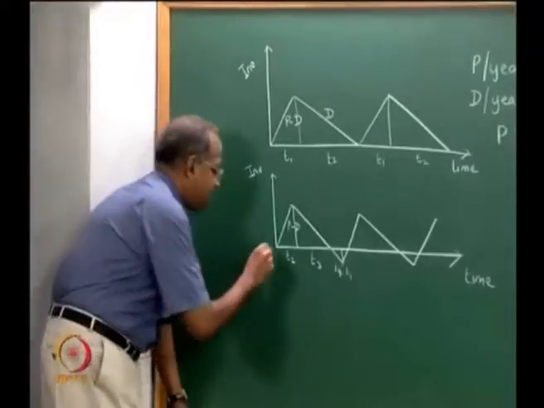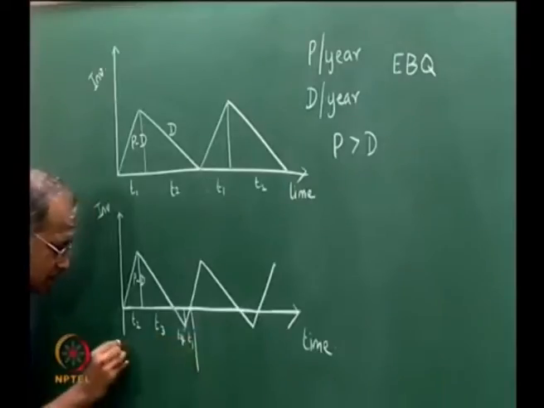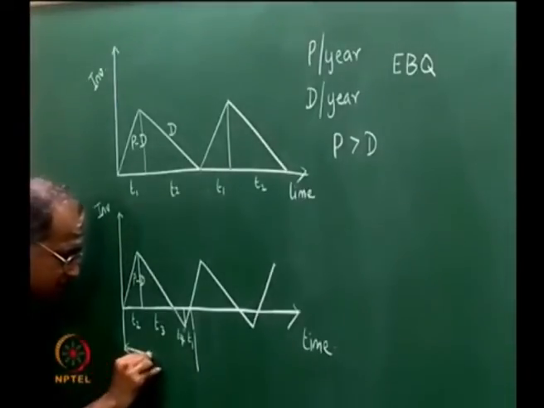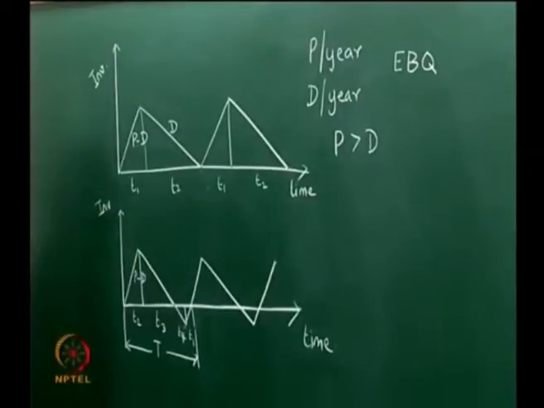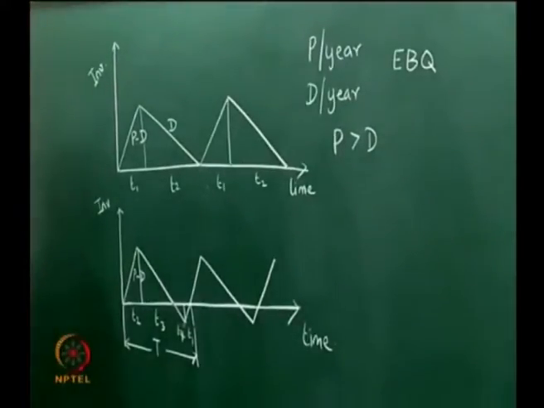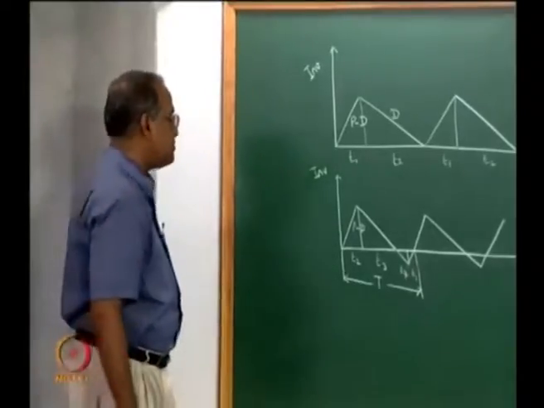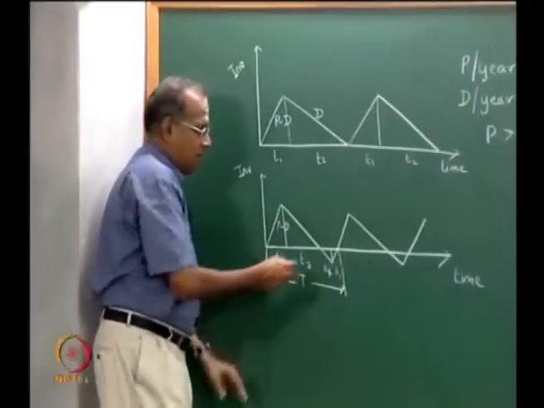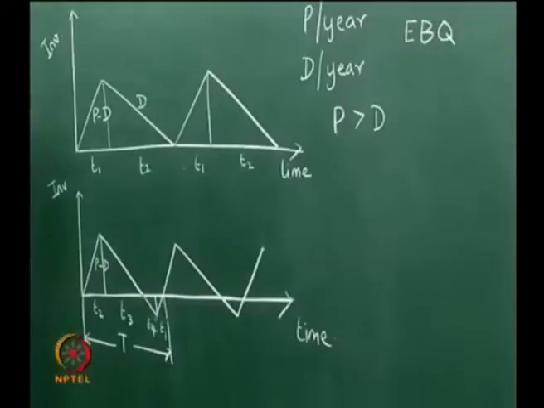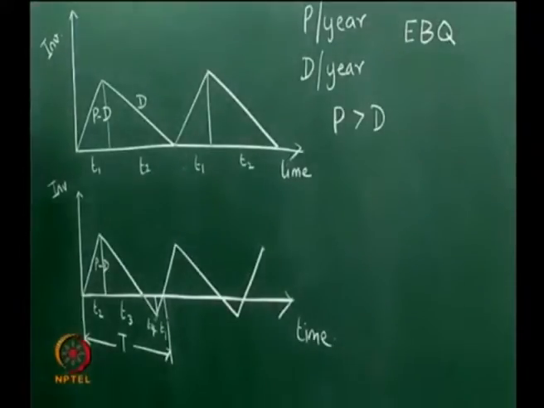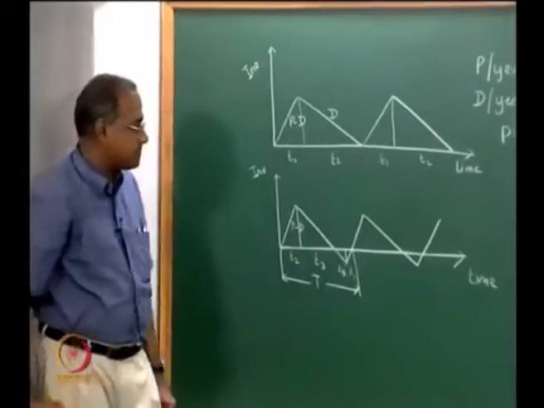So the cycle essentially is from here to this point, which we can call capital T, which is the cycle. So the cycle comprises of 4 time periods T1, T2, T3 and T4, where there is production during periods T1 plus T2 and there is consumption for periods T3 to T4.